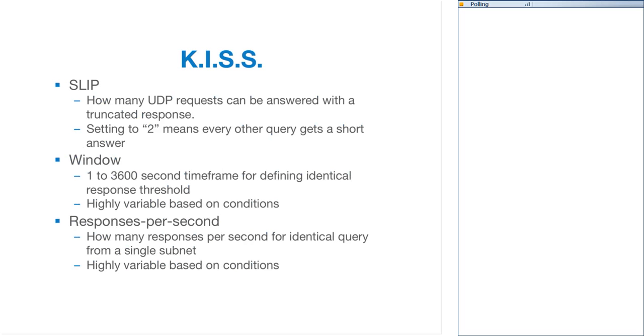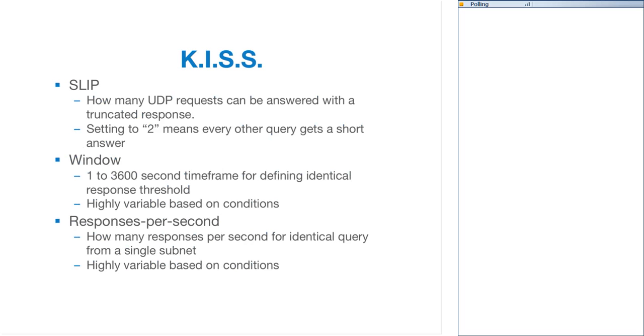At ISC, we mostly subscribe to the keep it simple, stupid principle. So we try to limit the amount of knobs we have to tune because there are always the inevitable side effects and unintended consequences. So for the most part, we use the defaults except for a couple of variables.